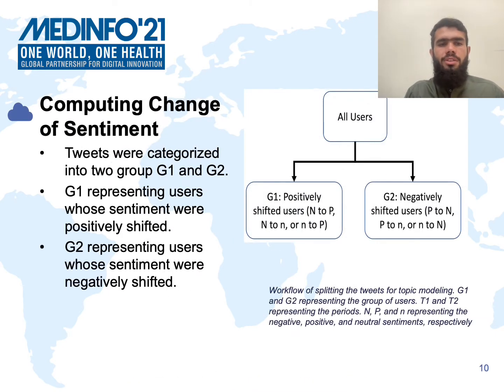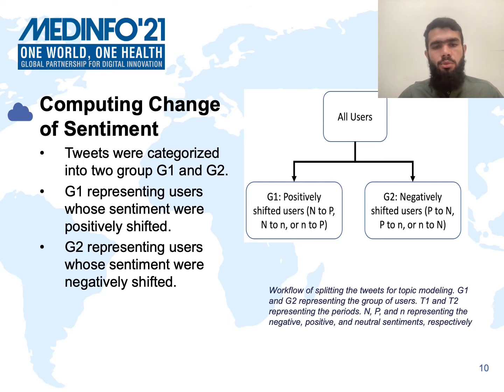Now, computing the shift in sentiment, we categorize the users into two groups, G1 and G2. G1 represents those users whose sentiments shifted positively, like from negative to positive: their sentiment was negative in T1 and moved to positive in T2.